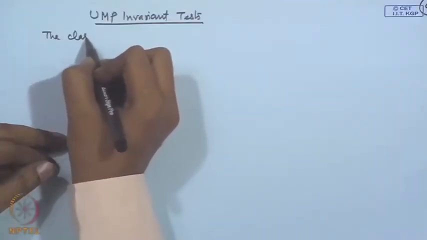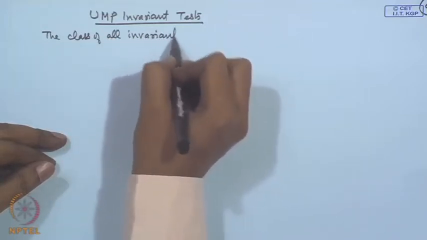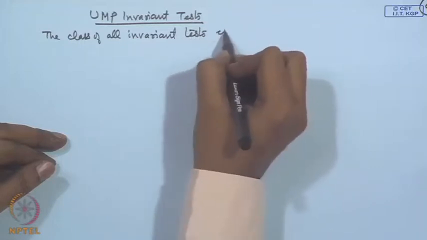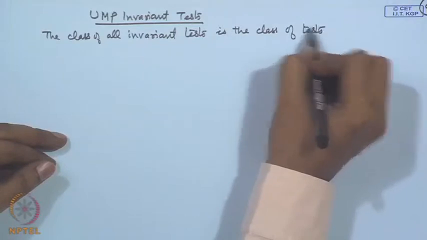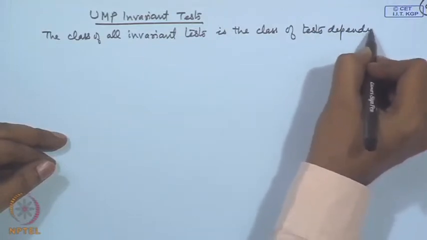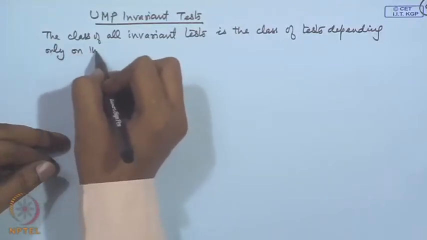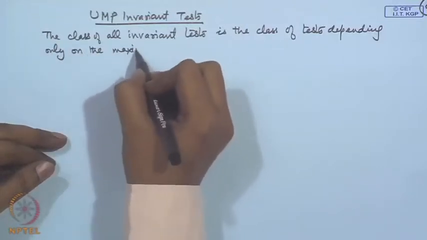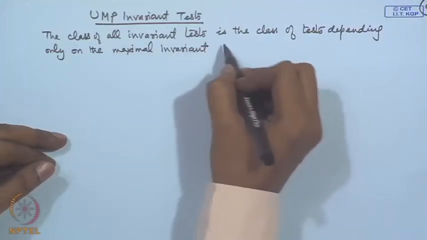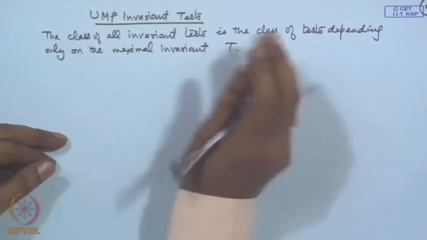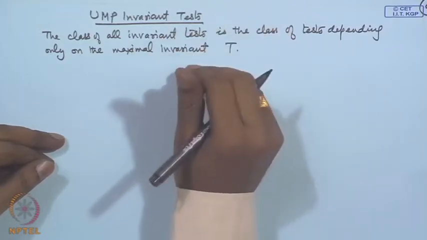So, the class of all invariant tests is the class of tests depending only on the maximal invariant. So, in a given problem, we firstly derive the maximal invariant and consider the tests based on that only.